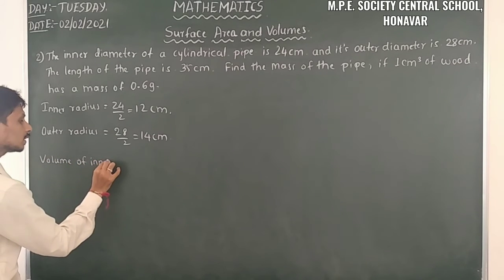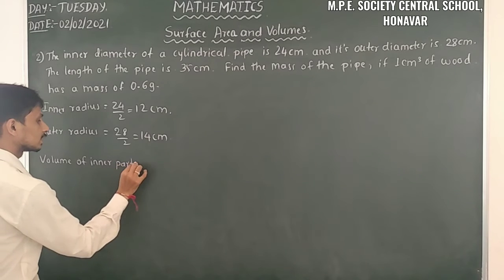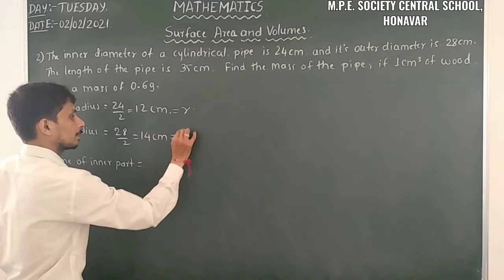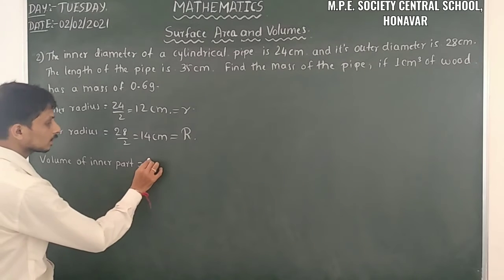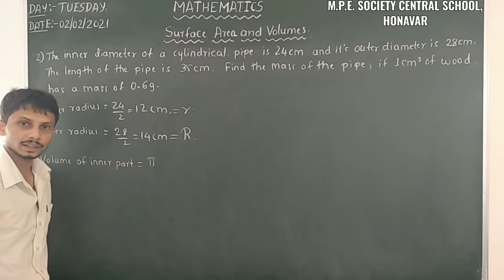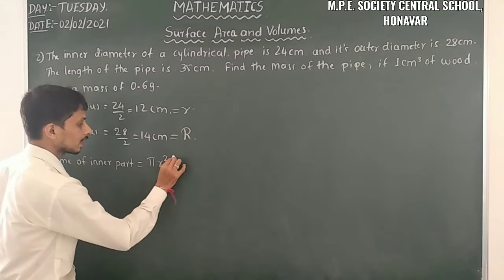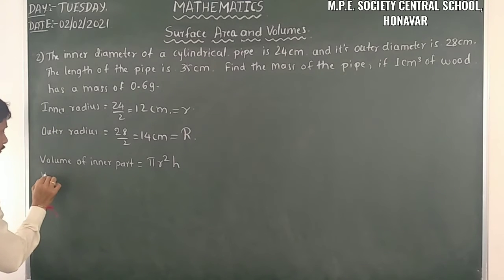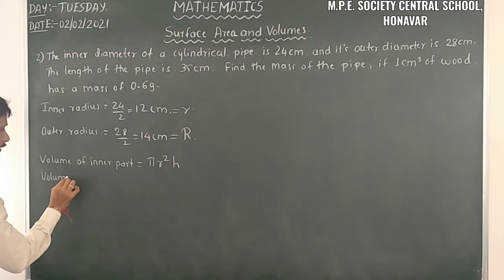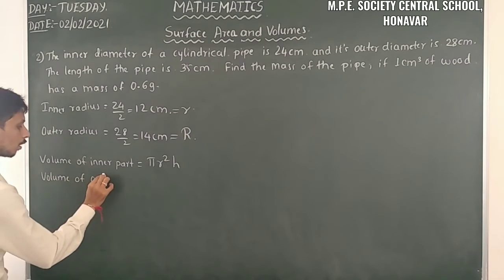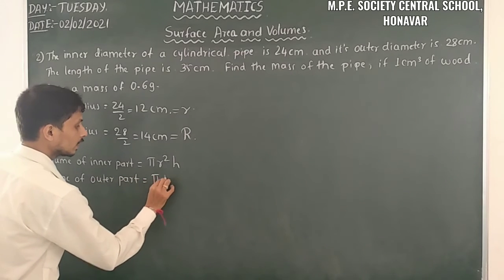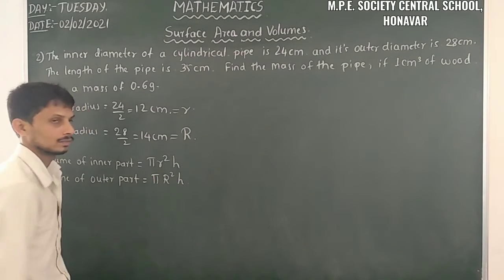Inner part means having the inner radius. I will take this as small r and this as capital R. Then the volume of the inner part is pi r square h; h is the same, there are no changes at all. And the volume of the outer part is equal to pi capital R square h.